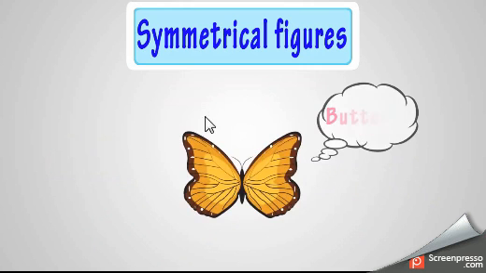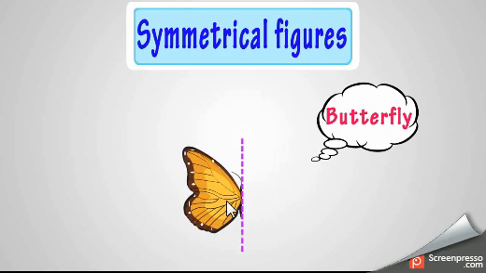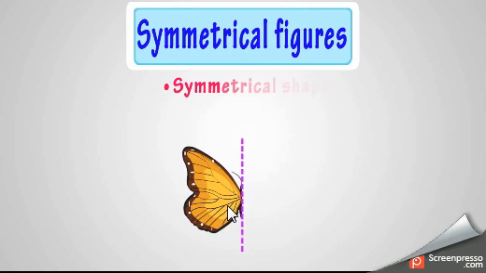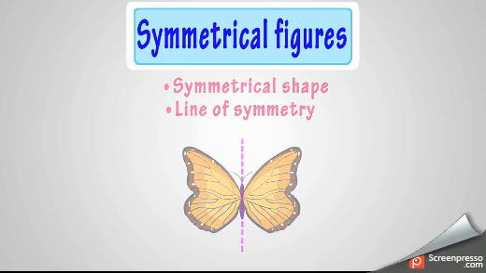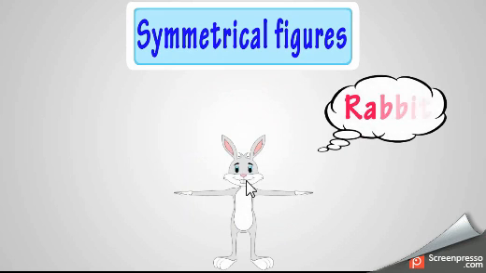Let's take another example. This is a butterfly. I want to fold it to become symmetrical figures, and this is the line of symmetry. This rabbit.